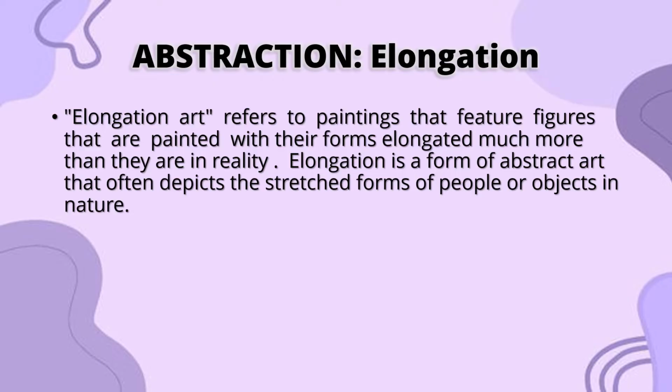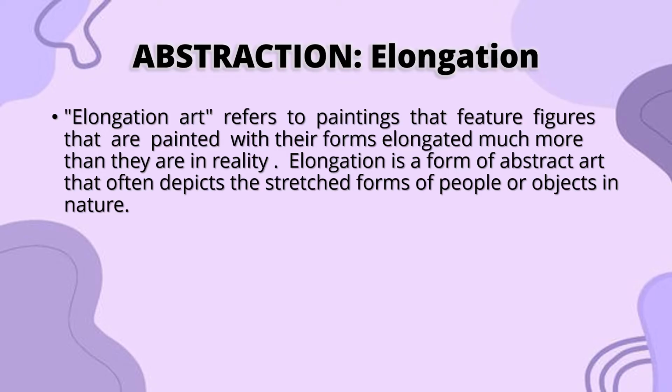Next, we move on to elongation. Elongation is an art that refers to paintings that feature figures that are painted with their forms elongated much more than the reality. Elongation means stretching. Okay, elongation is a form of abstract art that often depicts the stretched forms of people or objects in nature.